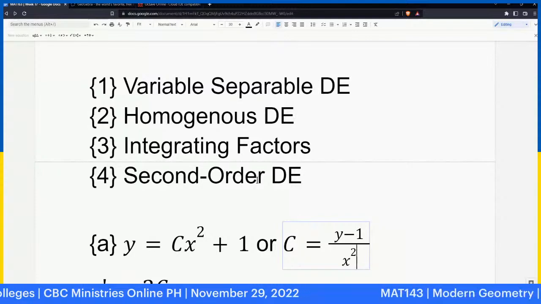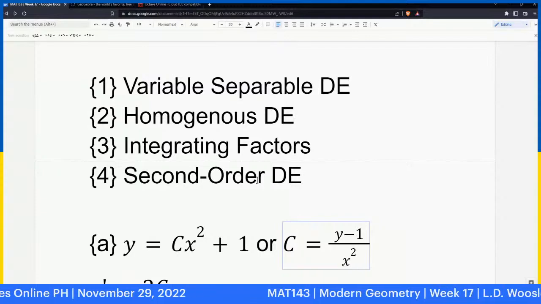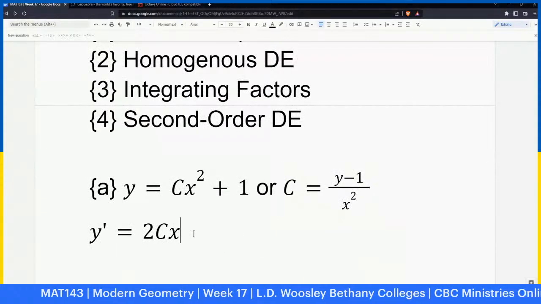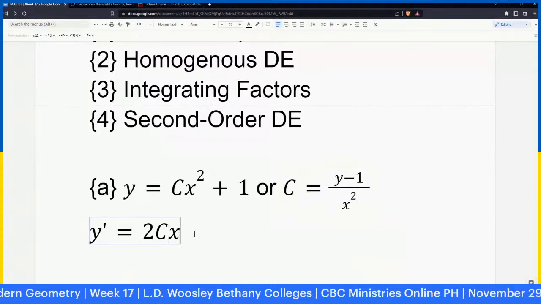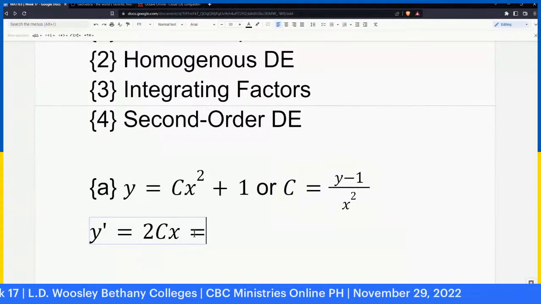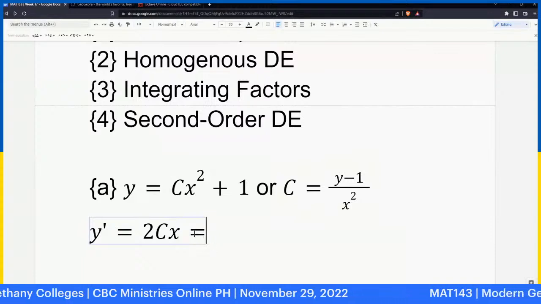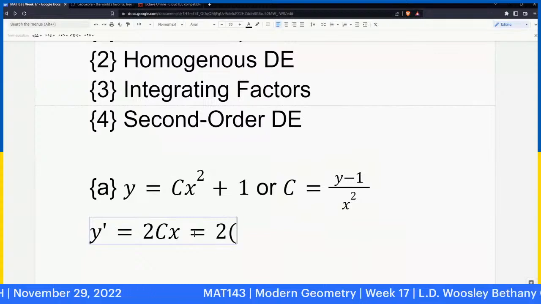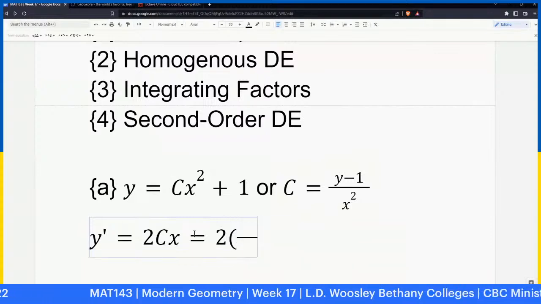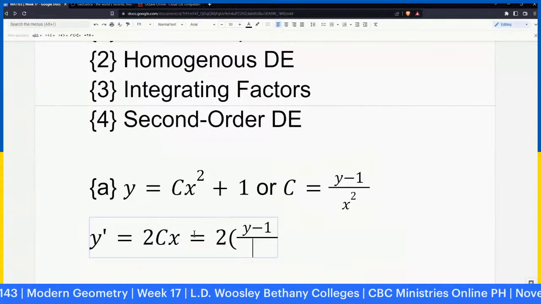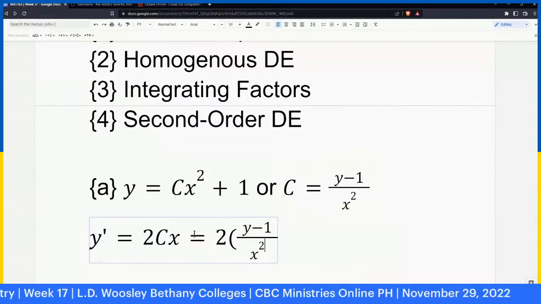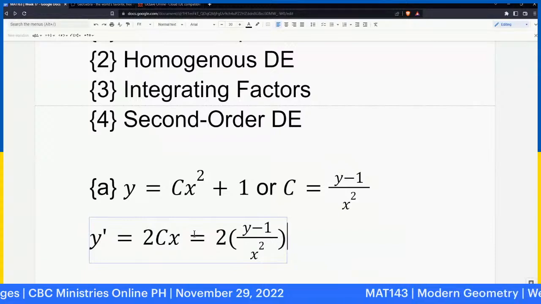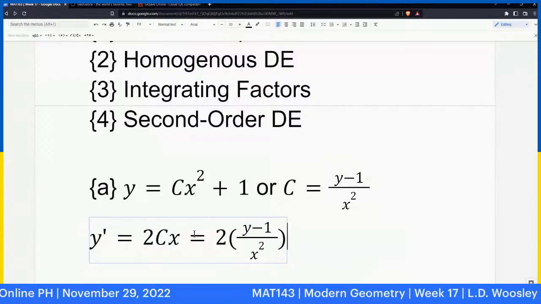Then afterwards, we will substitute this to the derivative. So 2c becomes 2 times y minus 1 over x squared, times x.